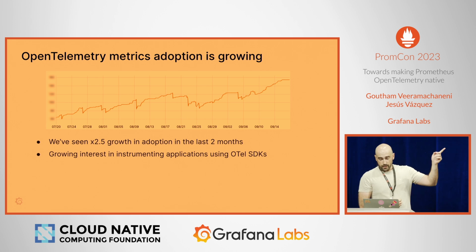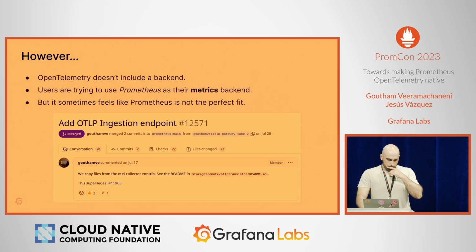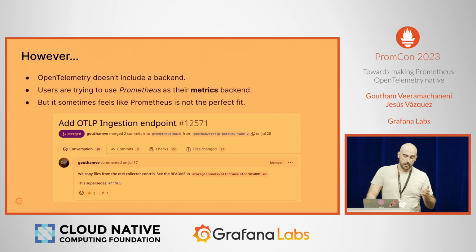We're also getting questions about the status of the OTel SDKs and their support for sending metrics to Prometheus. It's a topic that's gaining traction. But for those of you who don't know, OpenTelemetry is a spec. It defines how you're supposed to observe different observability signals, such as metrics, traces, or logs, but it doesn't provide a backend.